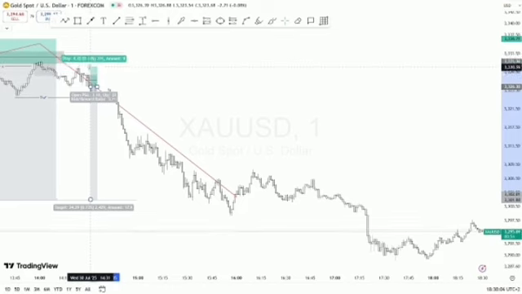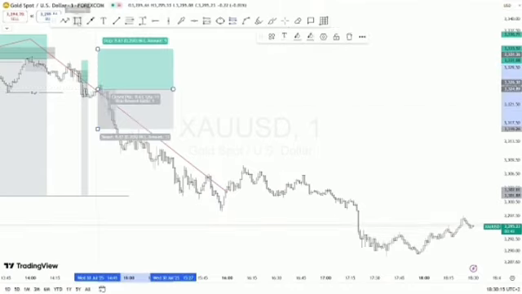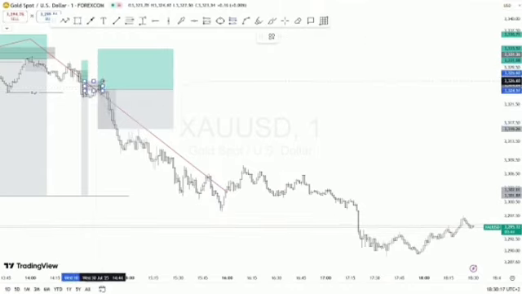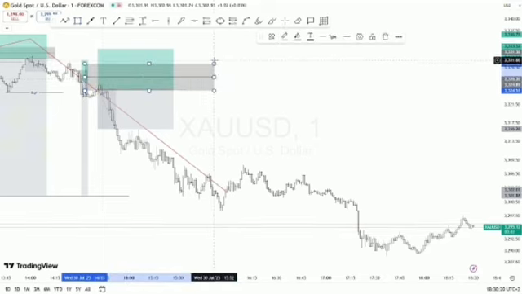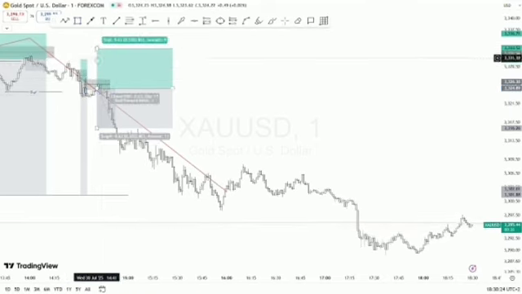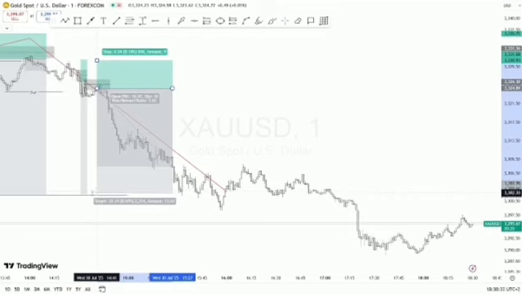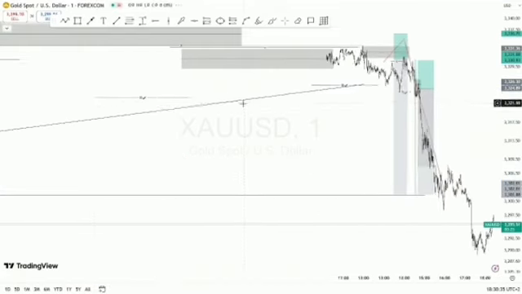Stop loss was here. Third entry, I took it here. This zone, just the tip of that candle, which is our wick, targeting the lows as usual.